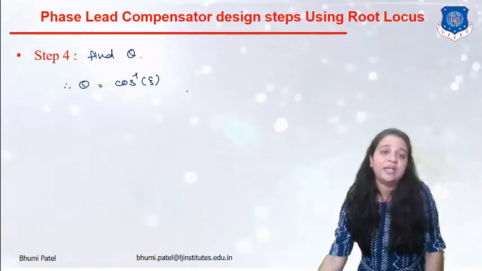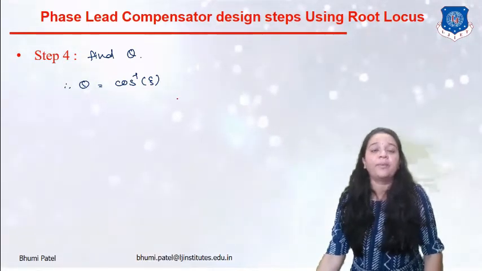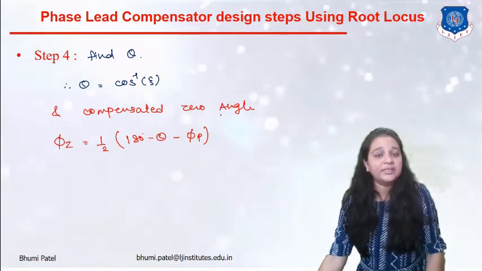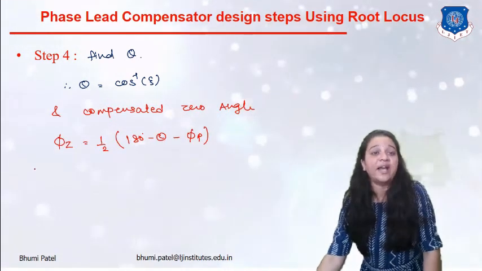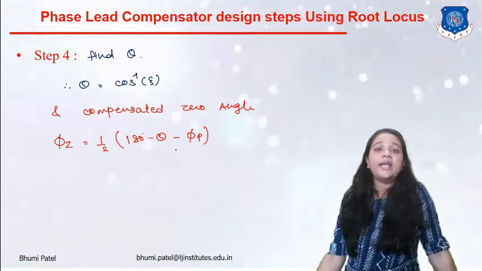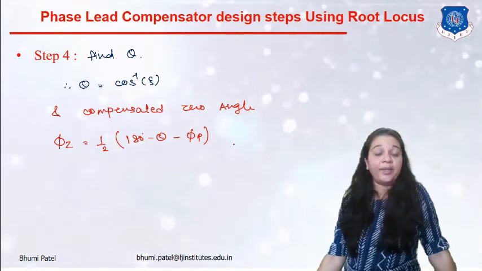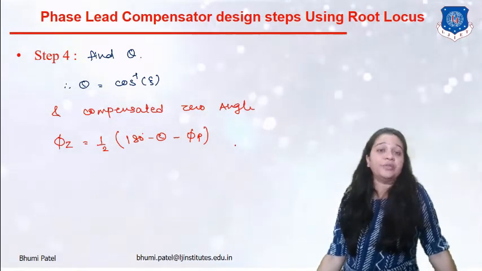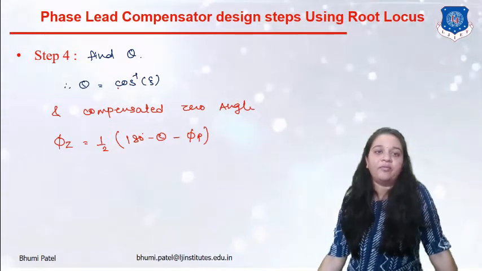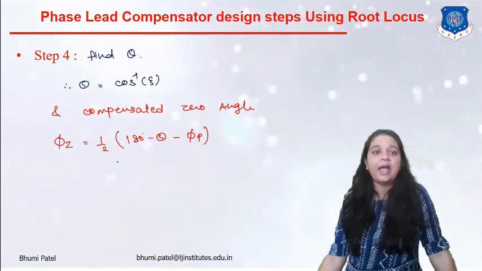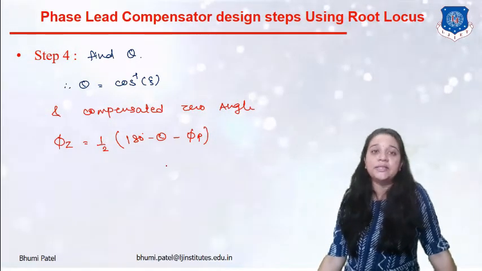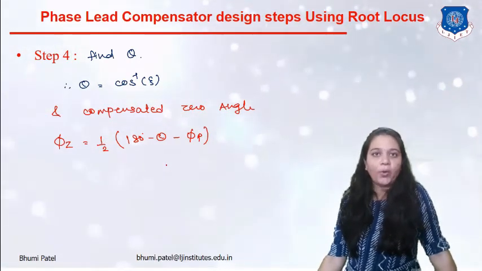Put the value of zeta in this equation and we get theta. The compensator zero angle equation is phi z equal to 1 by 2 of 180 minus theta minus phi p. Phi p is already known from step number 3. So put in phi p, find theta using cos inverse zeta, and simplify to get the compensator zero angle.